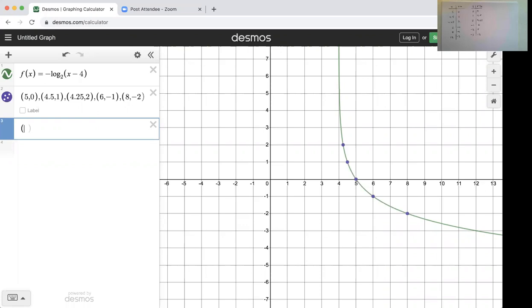So here we go. 0, 5, 1, 4.5. 2, 4.25. Negative 1, 6. Negative 2, 8.